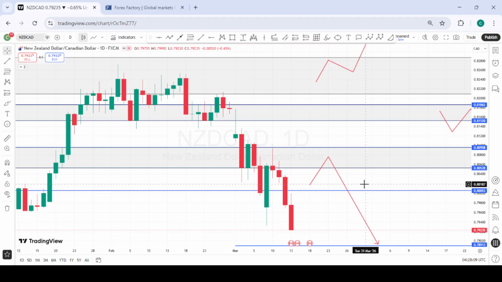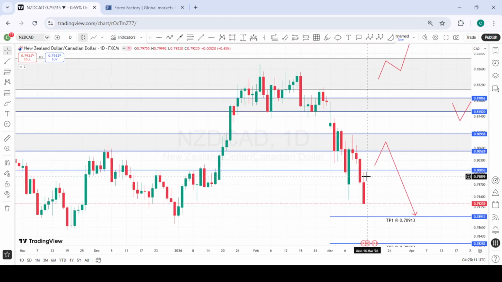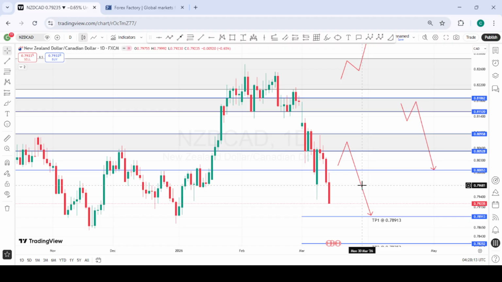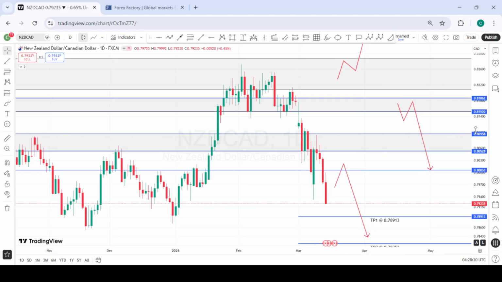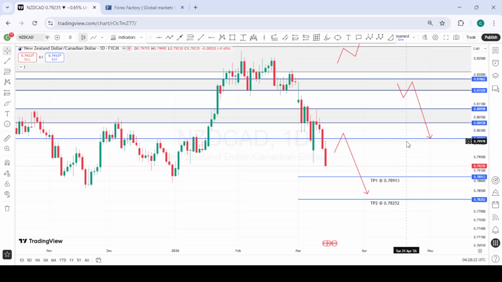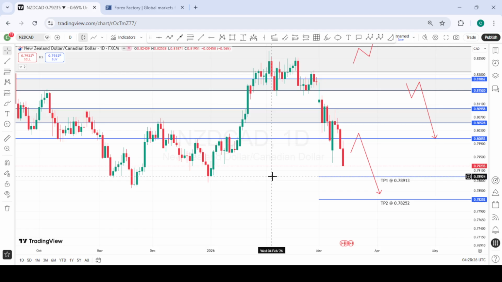We couldn't get a clear entry or a good entry for this position, but going into next week, if we are able to get a pullback into this zone somewhere here and we are able to get some selling opportunities, we can still look out for the sales until we hit this target we have below here. So let's look out for that. If we are able to get that pullback, then we'll be looking out for that sell to the TP2 we have here.